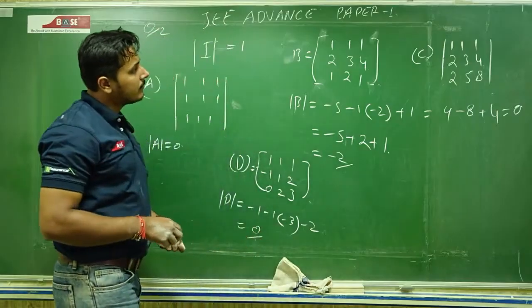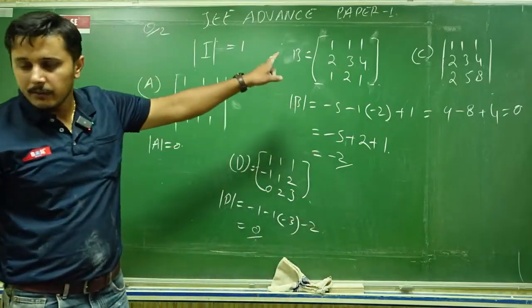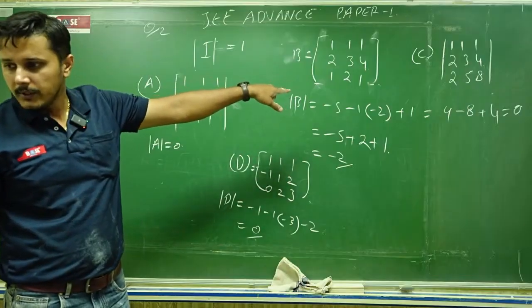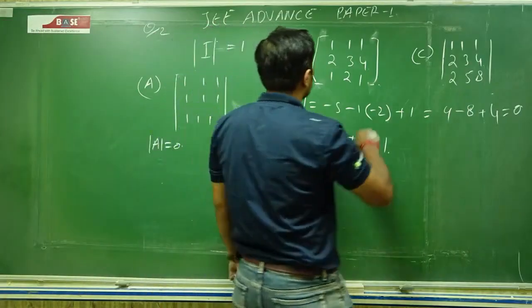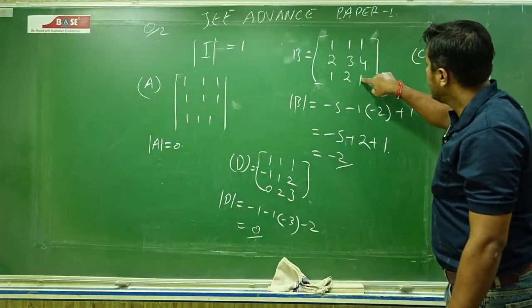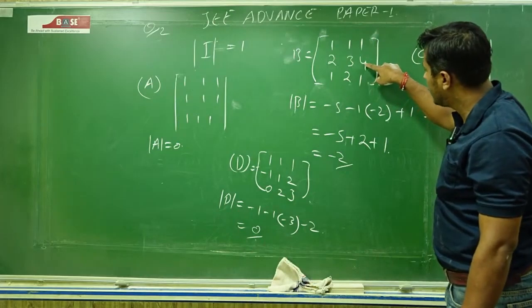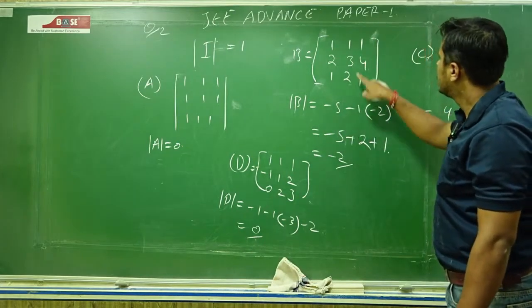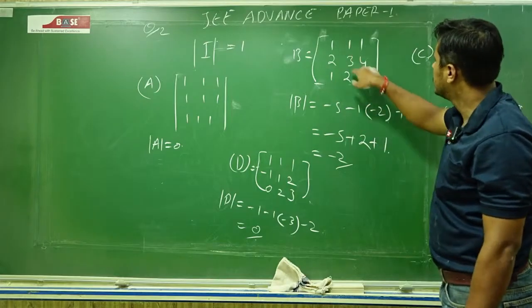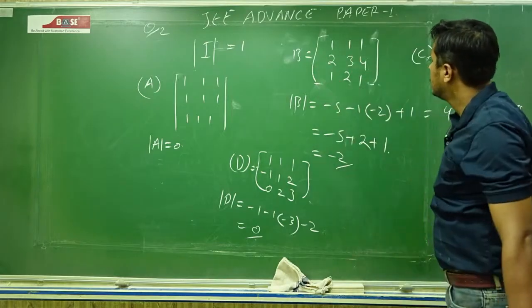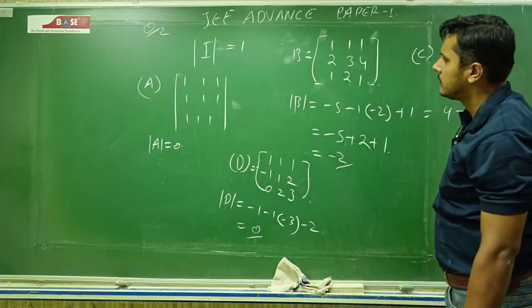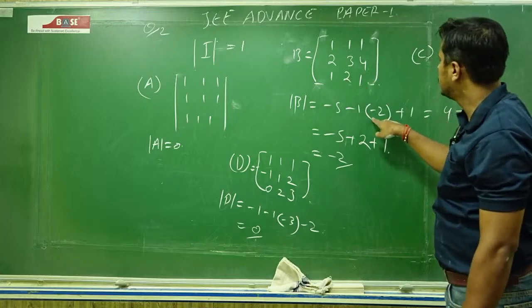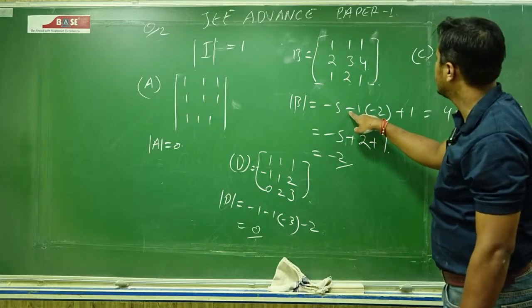But option B, why not coming 1? Let me check again. 1 1 1, 2 3 4, 1 2 1. 3 minus 8 minus 5, minus 1. This is 2 minus 4 minus 2. This is 1.